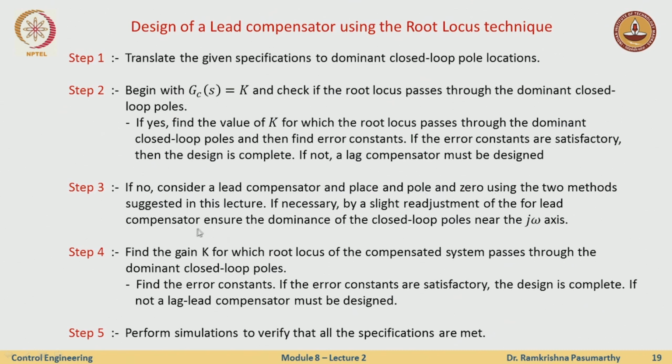Next step is to calculate the gain K, and then see if there is too much effect on the steady state error constants. If there is, then I would go for a further design procedure which would also include a lag compensator, and I would verify all this design by appropriate simulations to see if all these specifications are met or not. If not, then I could slightly push my pole or zero to the right or left to see that the appropriate specifications are met.